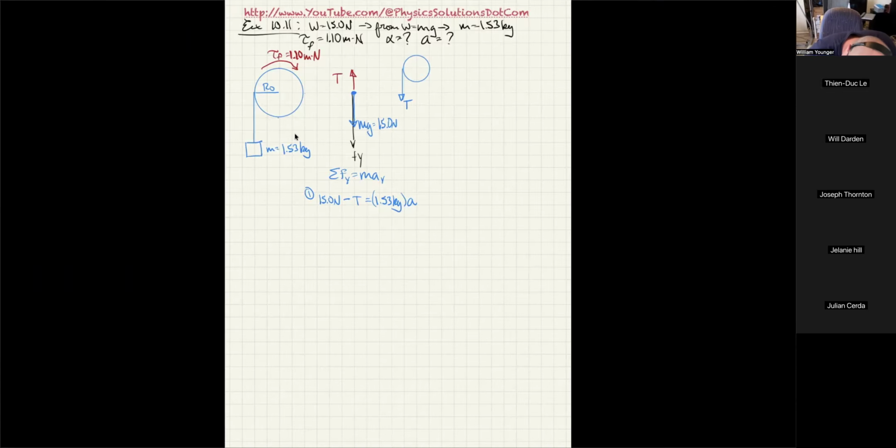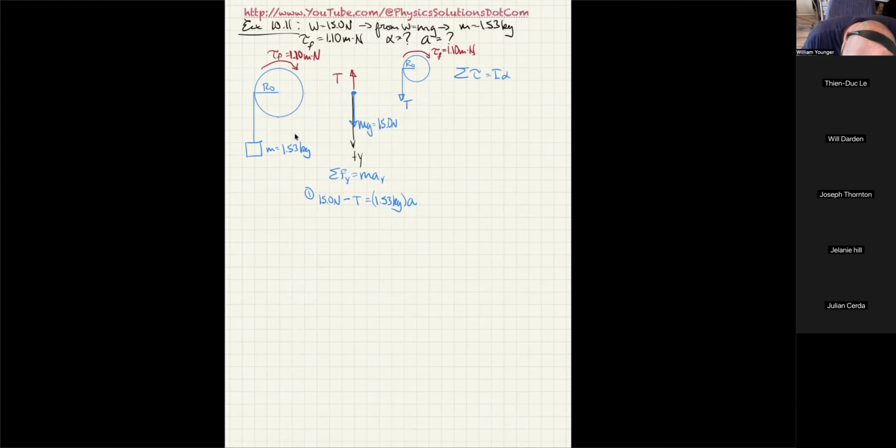In addition to that, I also have the friction torque equal to 1.10 meter newtons here. Now I can say the summation of the torques is equal to I times alpha. To keep it consistent with the signs, I'm going to choose the torque due to the tension to be in the positive direction. Remember this distance is R0.